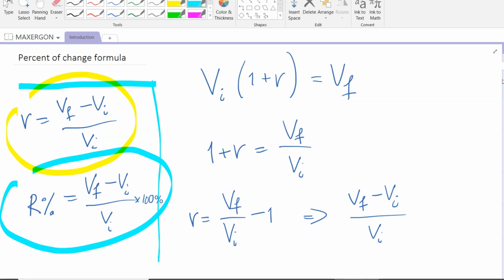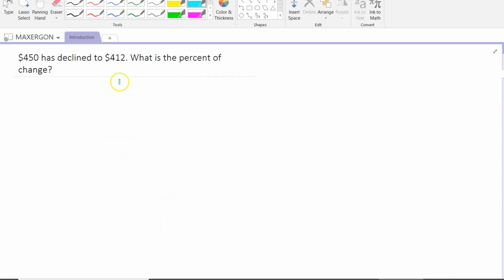For example, how can we use this formula? Let's see this problem. $450 has declined to $412. What is the percent of change? The formula for percent change in terms of rate per one is this: final value minus initial value divided by initial value.